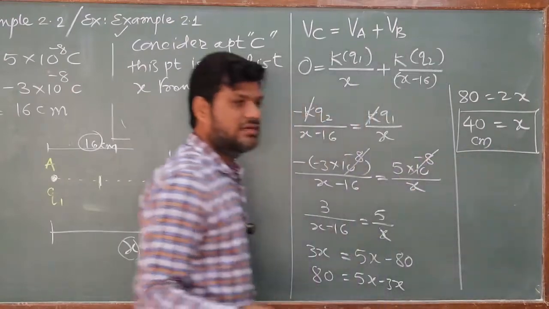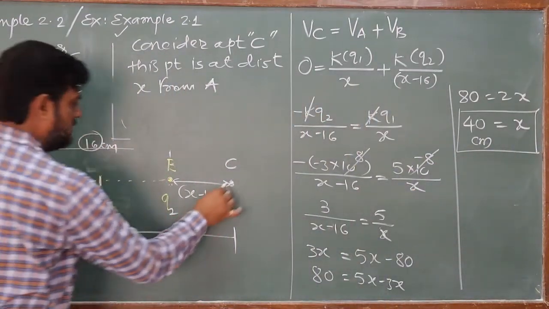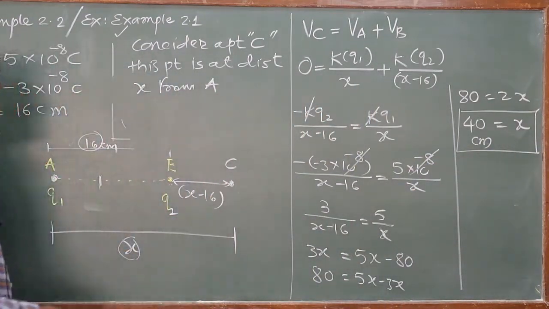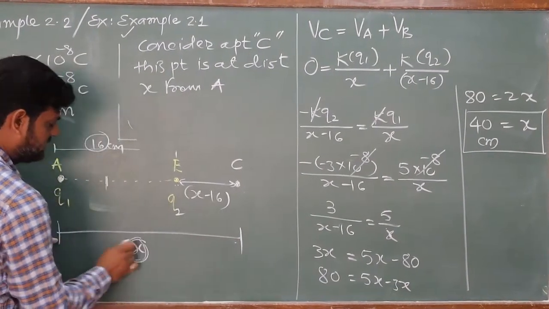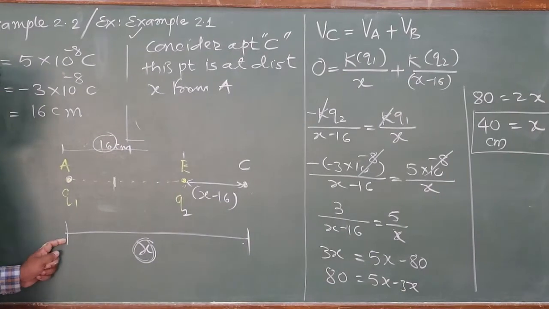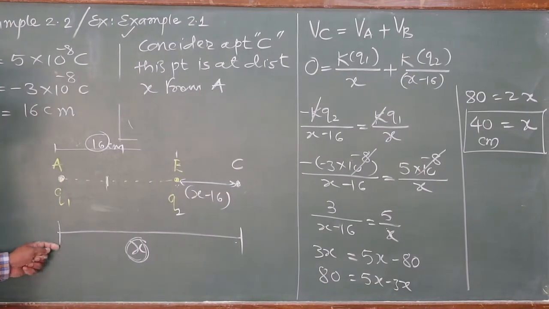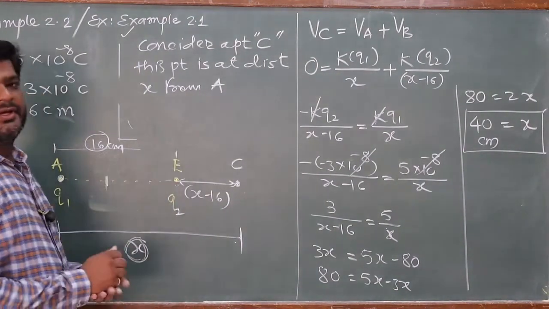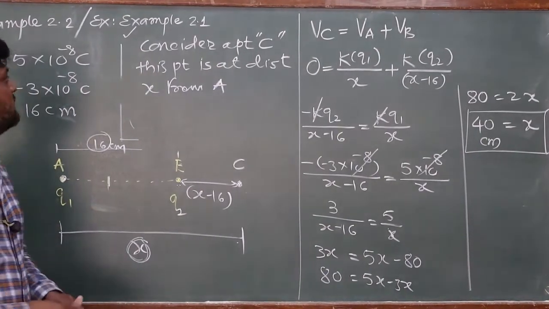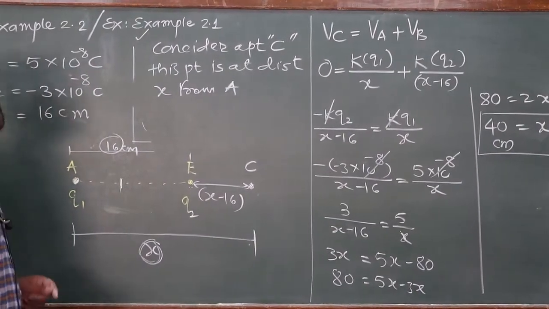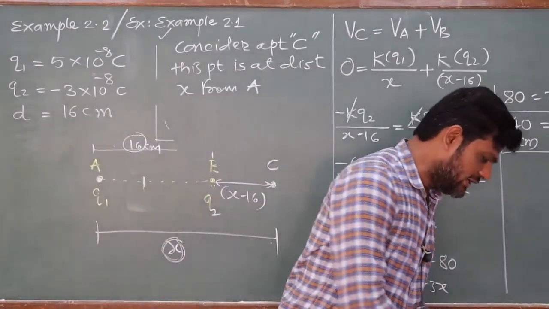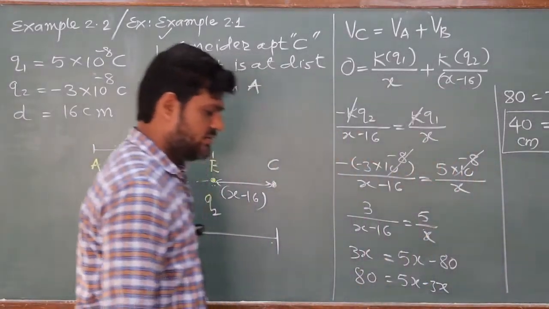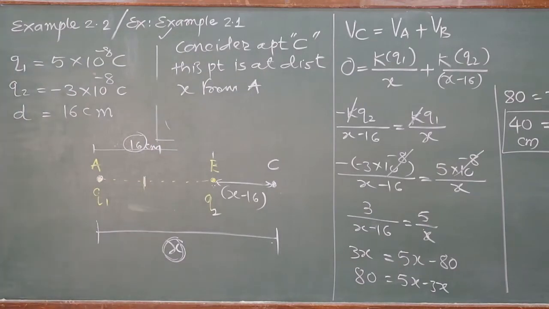So another point we got, that is the C where the potential is 0, and this point is at a distance 40 centimeter from the Q1 charge, right? So in this way you can solve the example 2.2. Now the next example we will see. Before that you just copy down this, then I will erase the board.